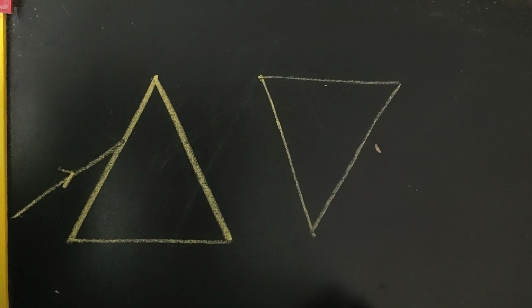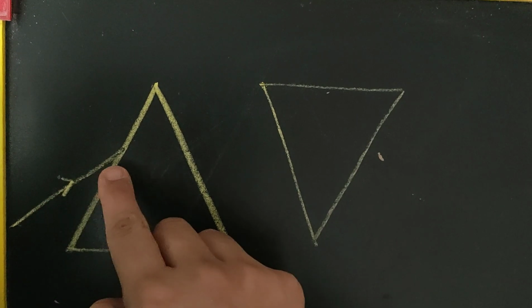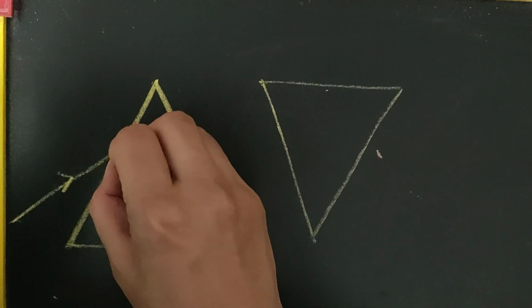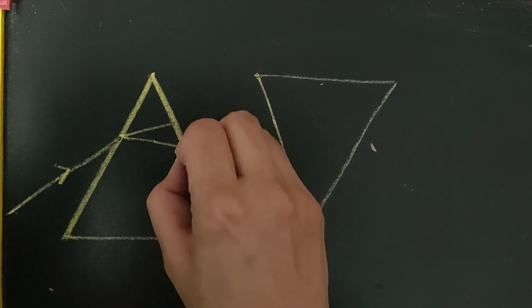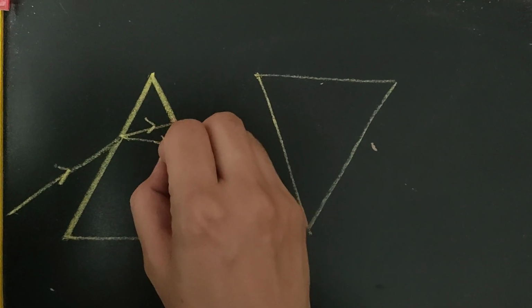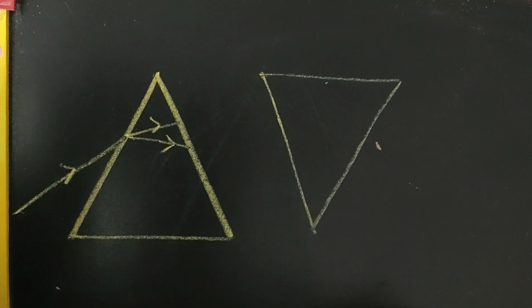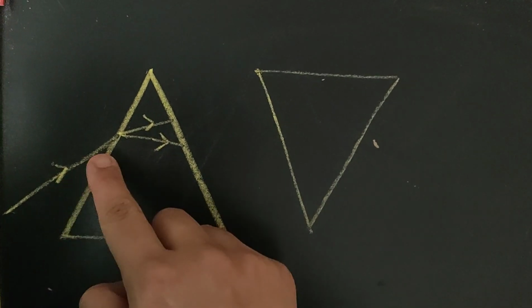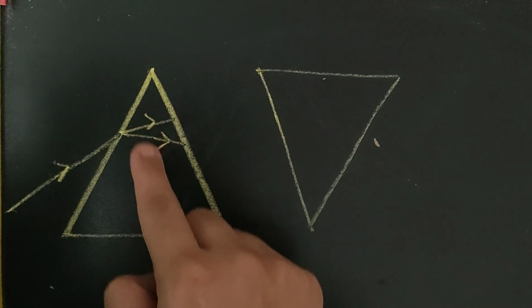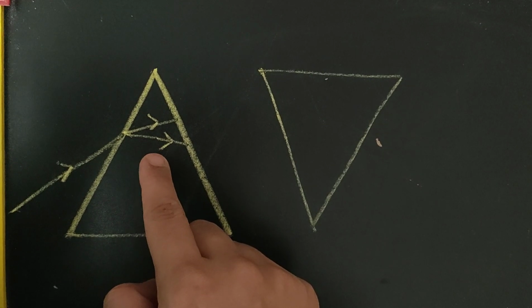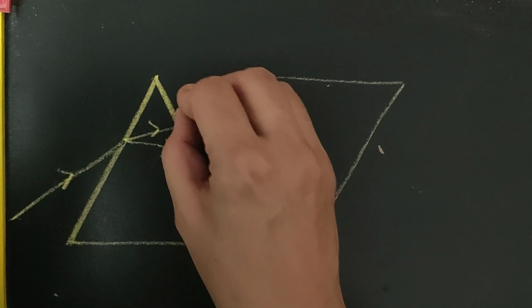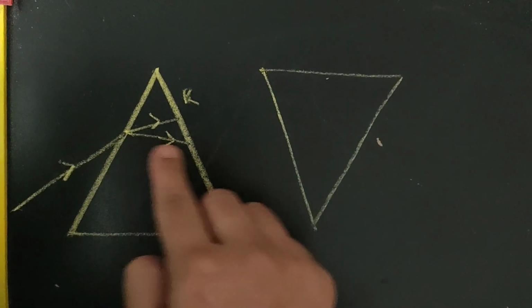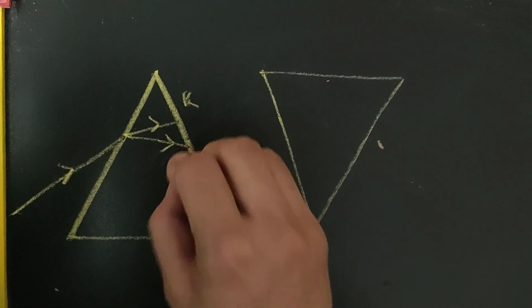Now what he observed was that when the white light strikes the first prism, it splits into its constituent colors, those 7 colors. I am not drawing all the colors here because otherwise the diagram is going to get very congested. So this is the white light, and these are the top and the bottommost color that I have represented here. So that means the top one here is representing the red and the bottommost one is representing the violet.